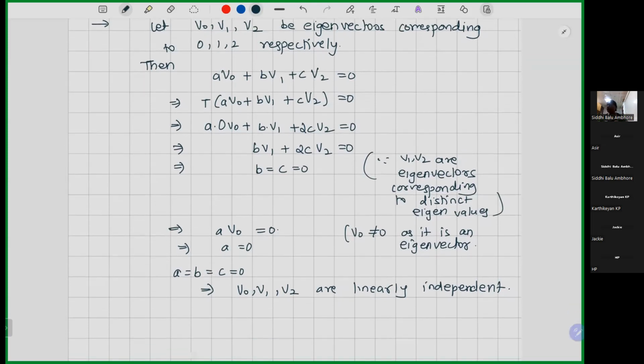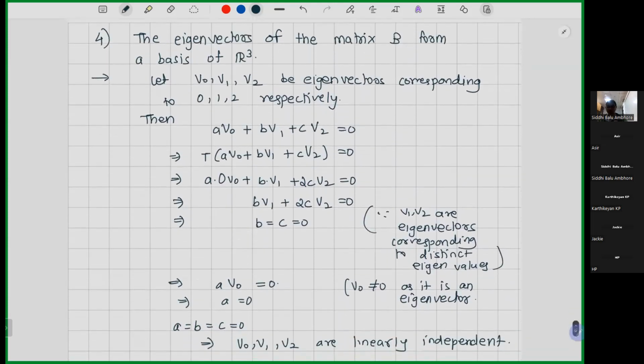So only under the situation that there are distinct eigenvalues, only then it will form the basis. Is it? My doubt is just that, can we say in place of matrix B, for any matrix, eigenvectors form the basis of R3?